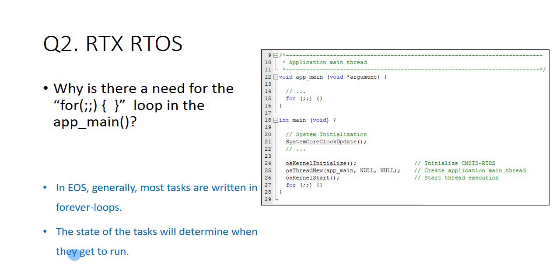Because in embedded systems, generally all tasks are written as infinite loops, and then we will put in some mechanisms in place to ensure that other tasks also get a chance to use the CPU. Those are responsibilities of the software developer.